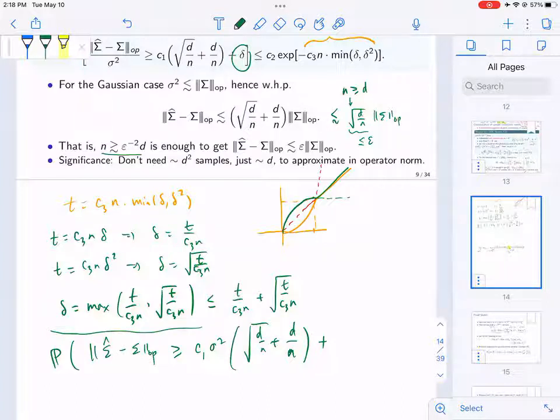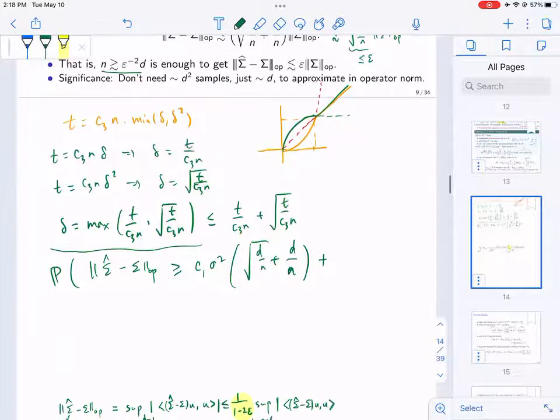The price that you pay here is a factor of 2. So this is within a factor of 2 of this. In terms of constants, you lose something, but it's a little bit easier to write.